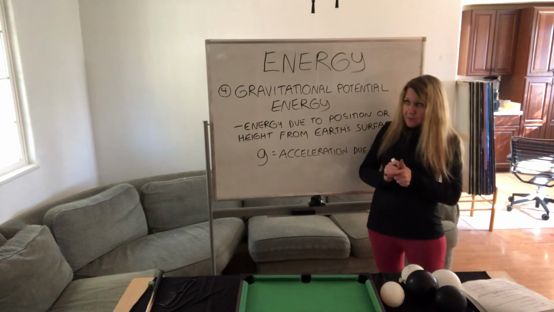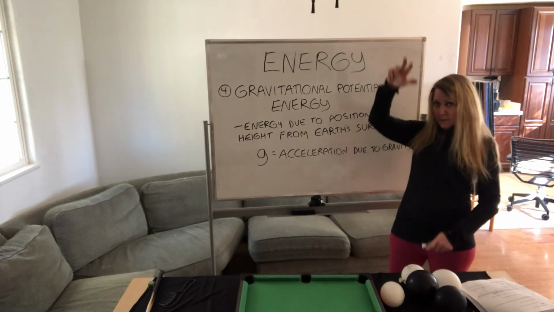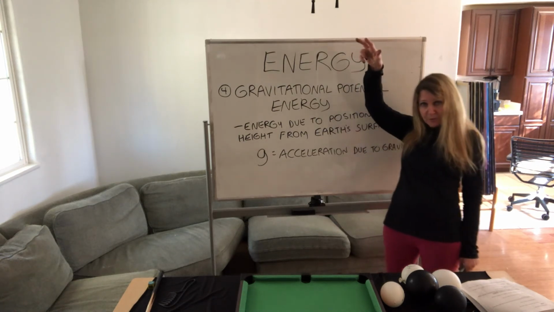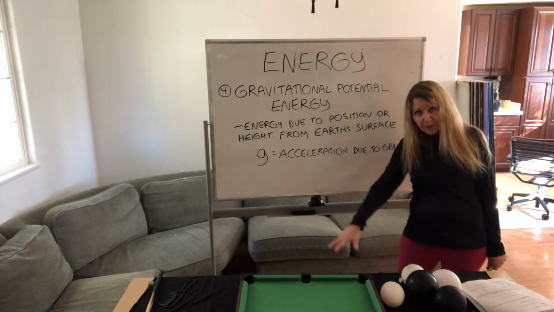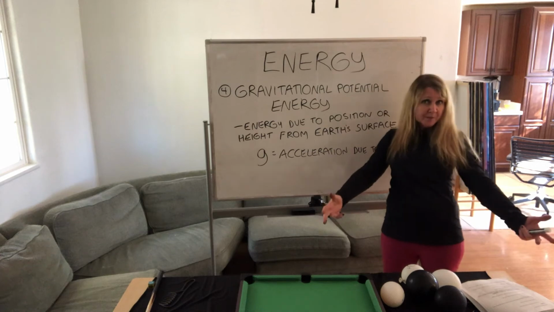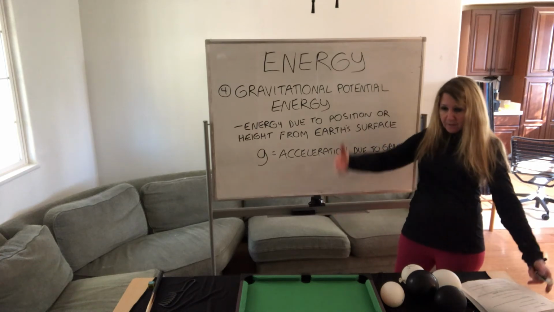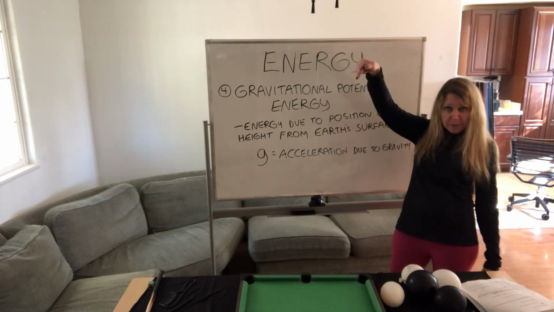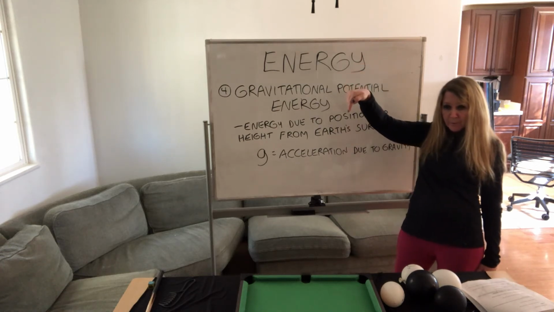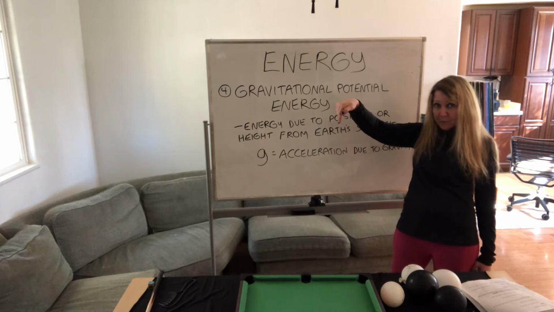So if I'm at the top of the roller coaster, let's say we're just going to free fall straight down, and there's no resistance, so you're in a vacuum. The rate at which you speed up as you go down is 9.8 meters per second.